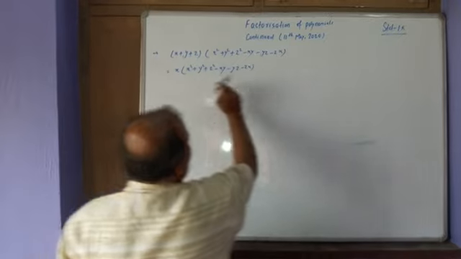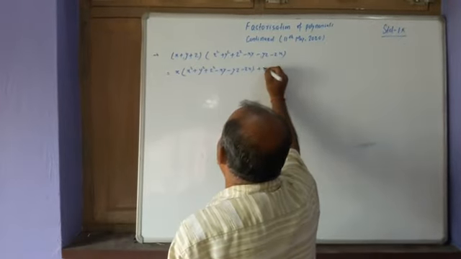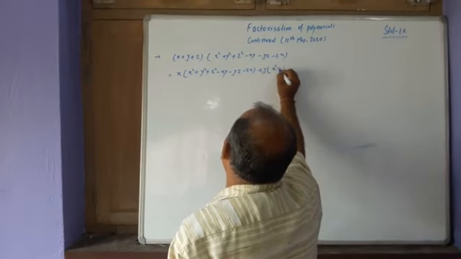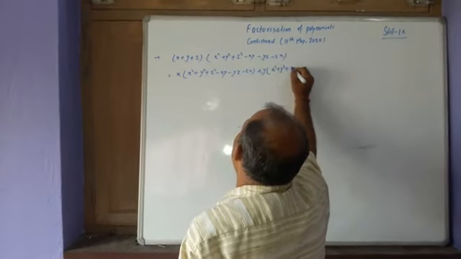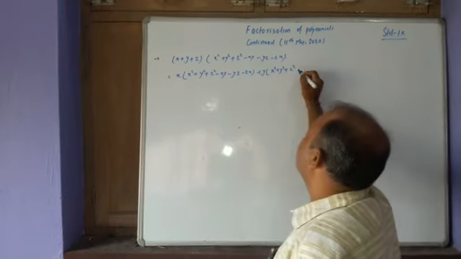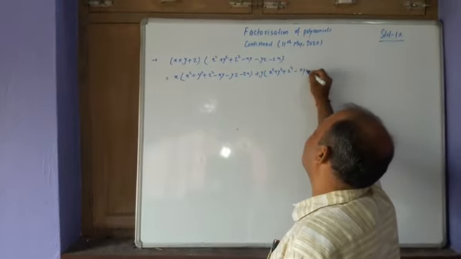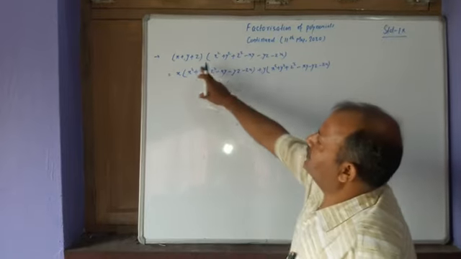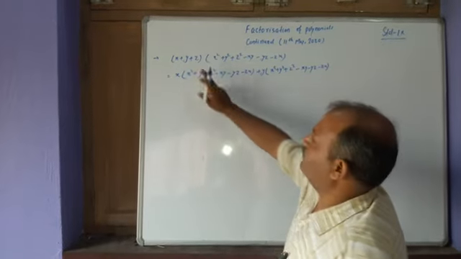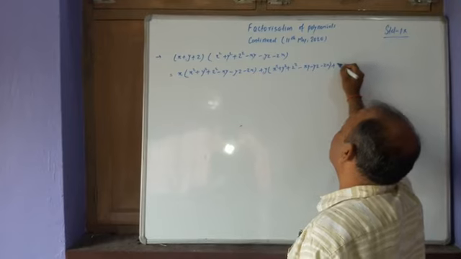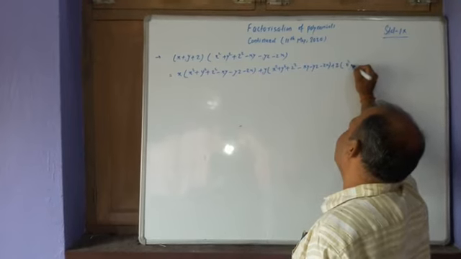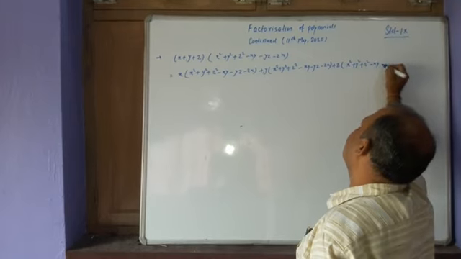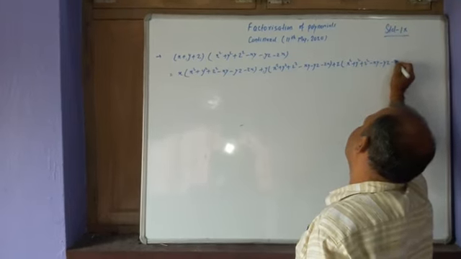Then the second term of the first factor, which is plus y, will be multiplied by x square, y square, z square minus xy minus yz minus zx. Now the third term of the first factor, plus z, will be multiplied by the same x square, y square, z square minus xy minus yz minus zx.